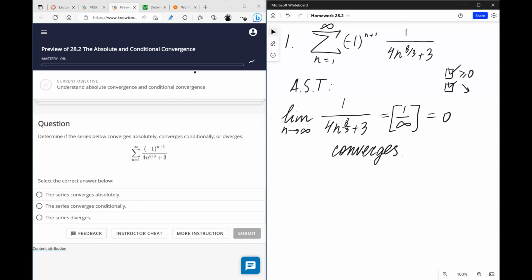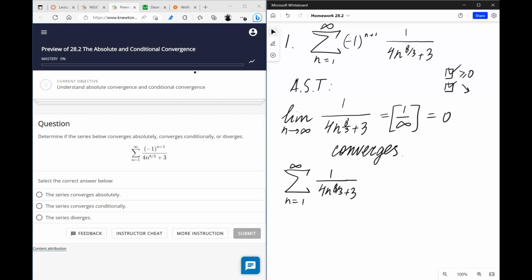Now it could converge conditionally or absolutely. To identify which, we have to consider the series made of the original series by removing the alternating sign.